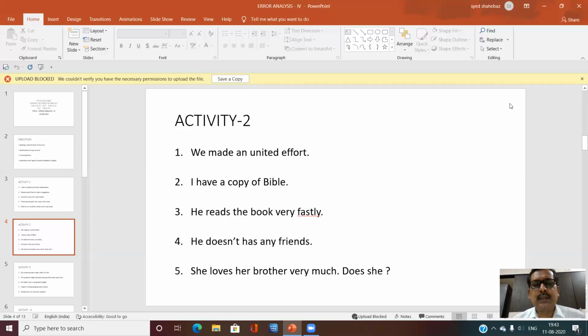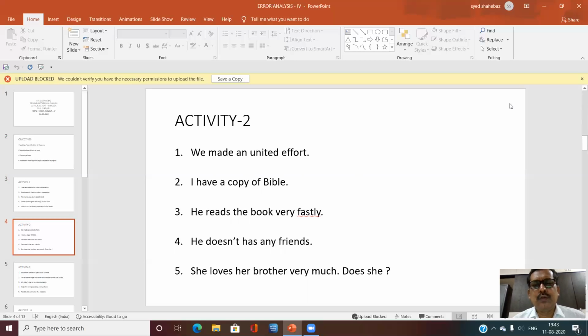Because here, though the word is starting with vowel U, the sound is consonant, Y sound, united. When you pronounce the word united, the Y sound comes. So Y is consonant. That's why we have to use a, not an. We made a united effort.